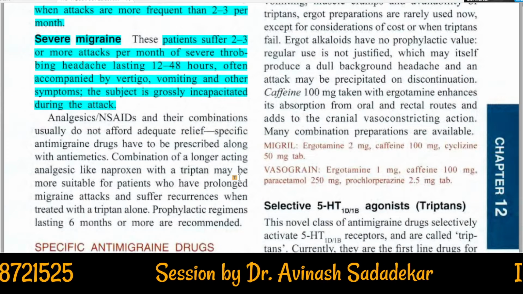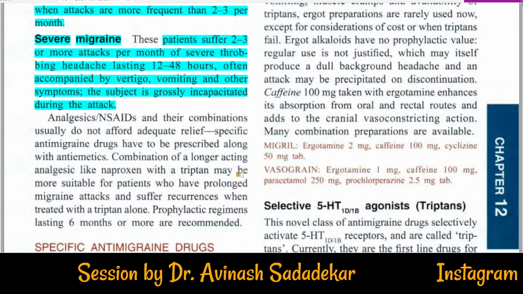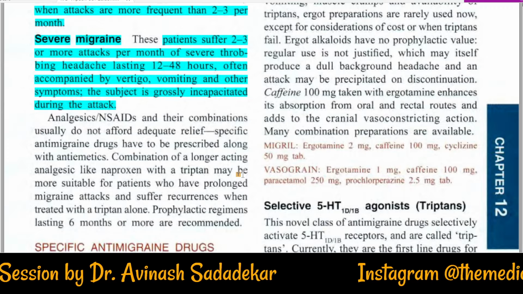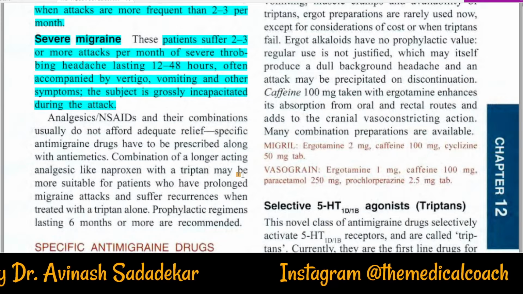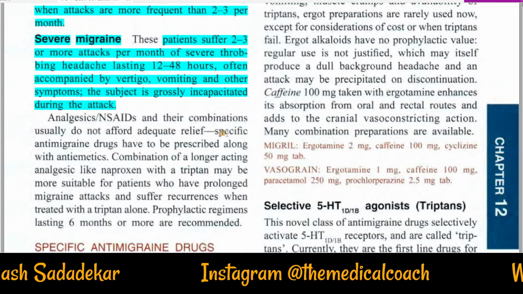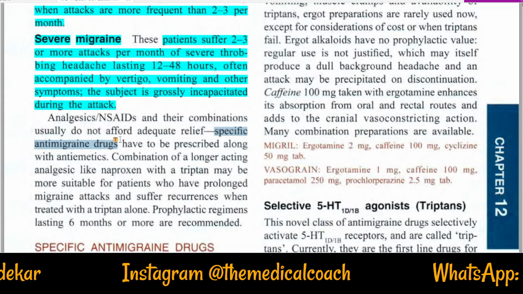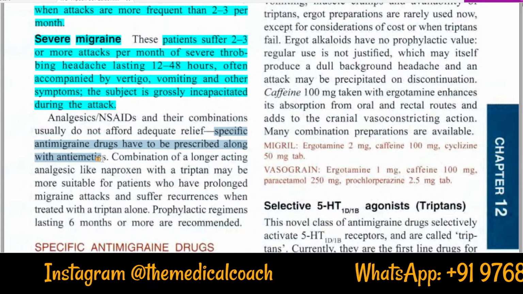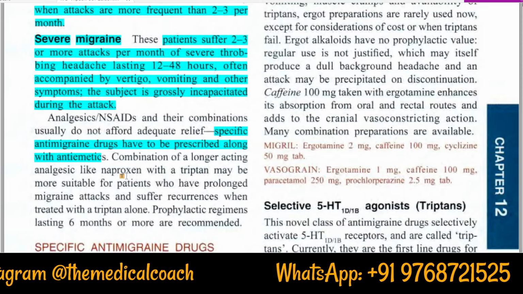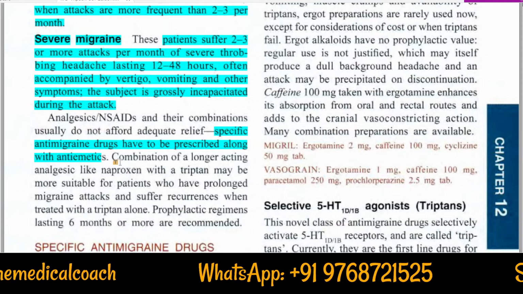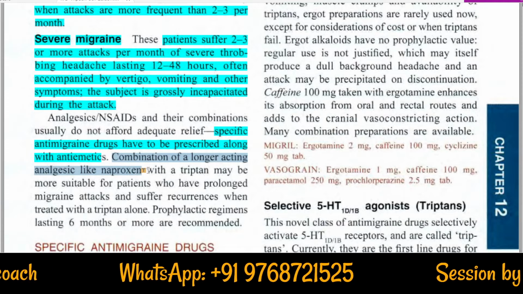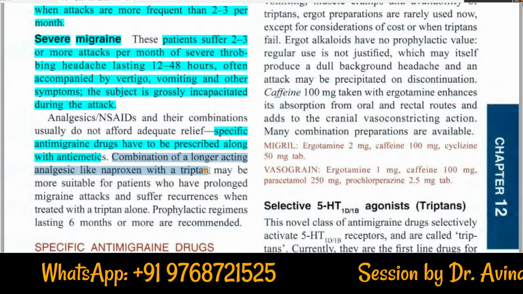So here those non-steroidal anti-inflammatory drugs, the analgesics, will not work. So here you have to give specific anti-migraine drug along with antiemetic. Simple. So you can try longer acting analgesic like naproxen with a triptan. Simple.